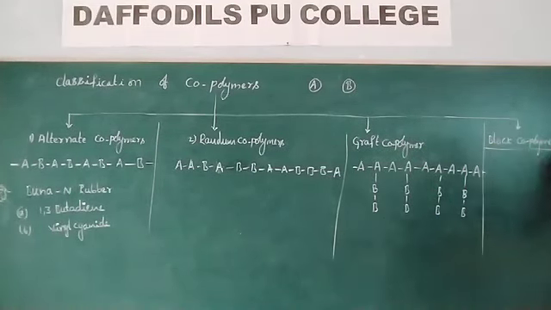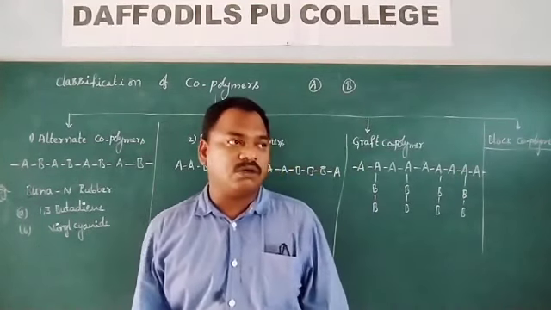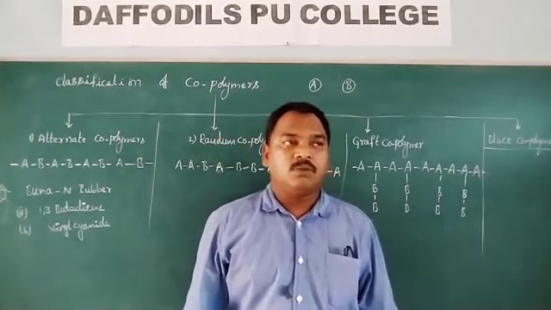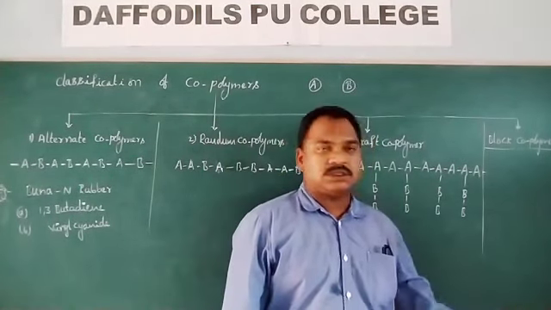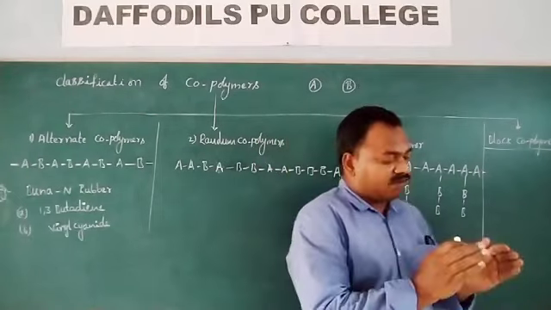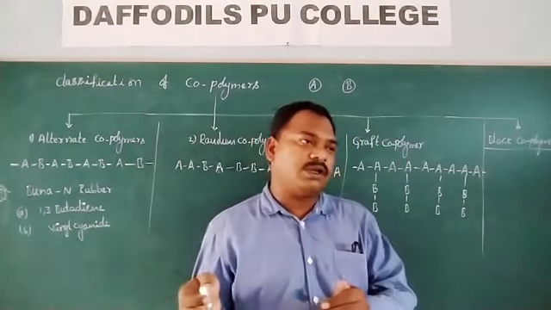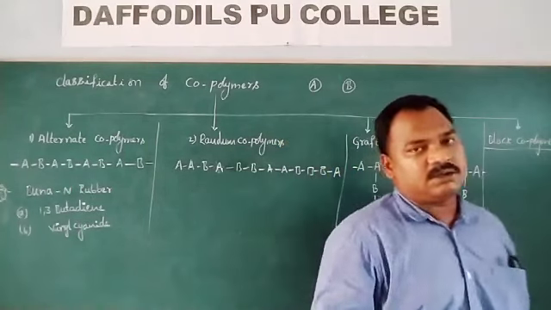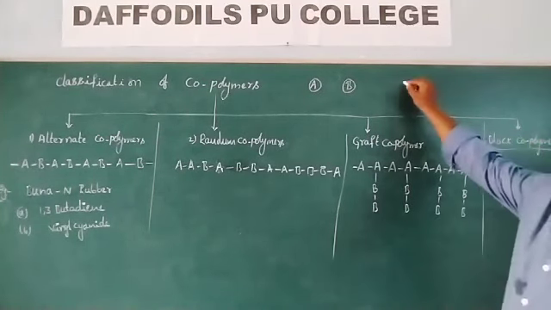Next one is block copolymers. In the case of block copolymers, monomeric units are arranged as blocks. A block of a monomeric unit is present. After that, another block of a monomeric unit is present, and after that, another block.